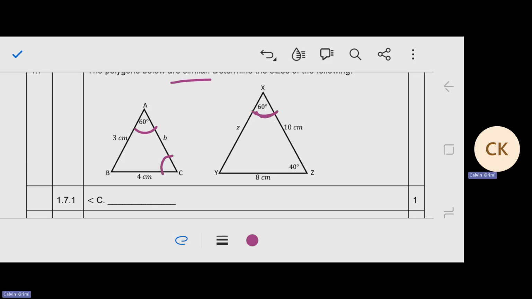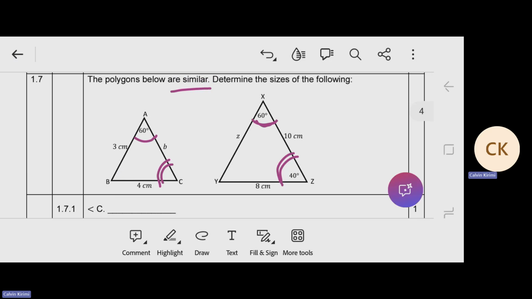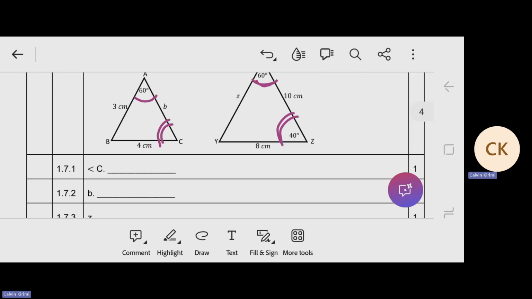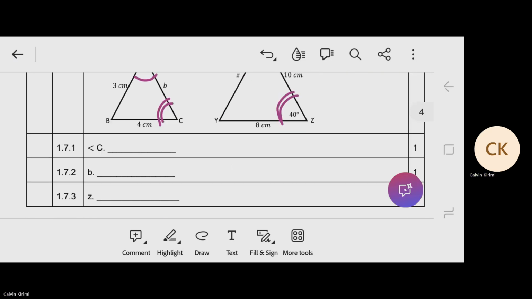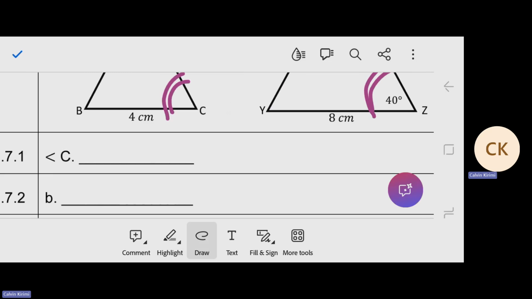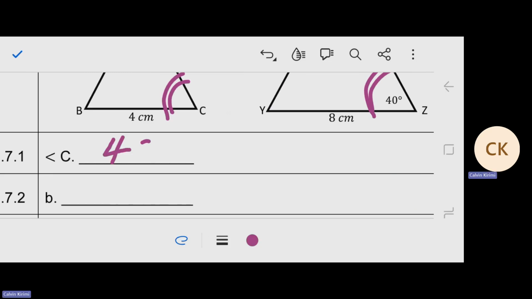Also this side and that side are similar. So angle C is equal to 40 degrees.